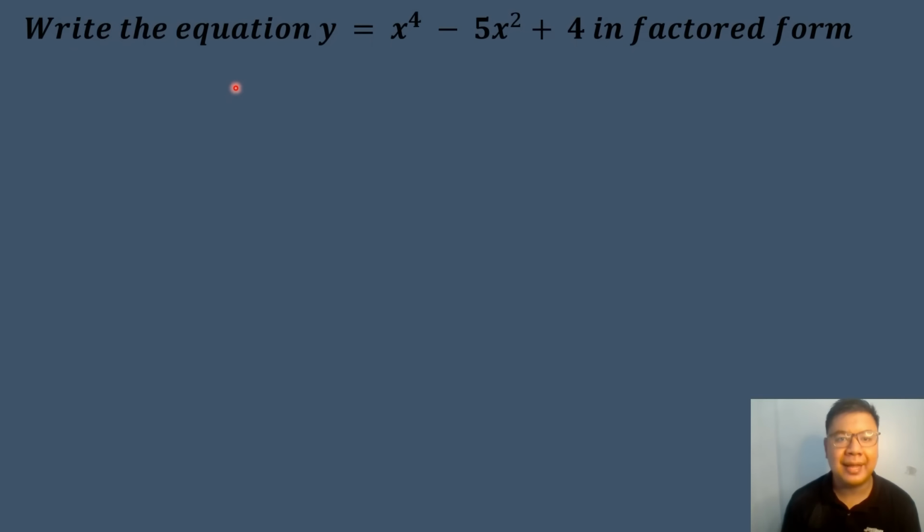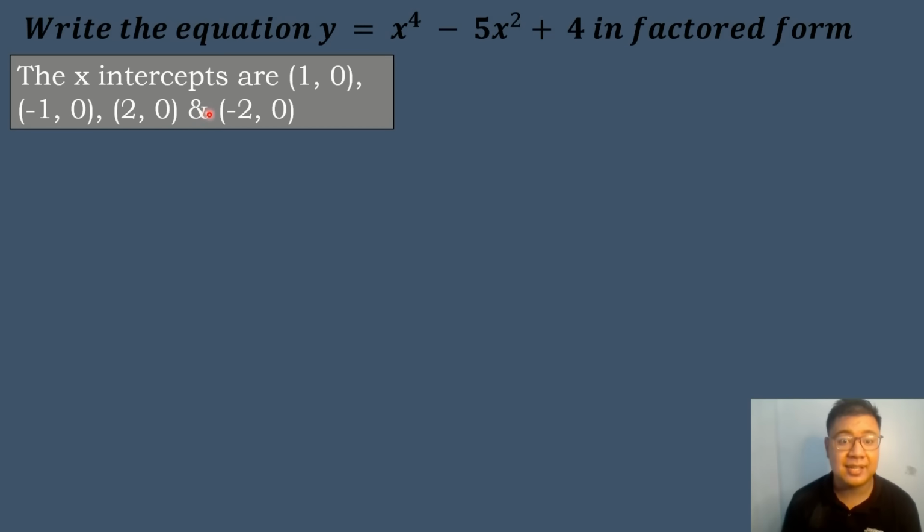After we have solved for the x- and y-intercepts, we will write the equation y is equal to x to the fourth power minus 5x squared plus 4 in factored form. So these are the x-intercepts: 1, 0, negative 1, 0, 2, 0, and negative 2, 0. To get the factored form of the equation, we will just change the sign of the x value of our x-intercepts.